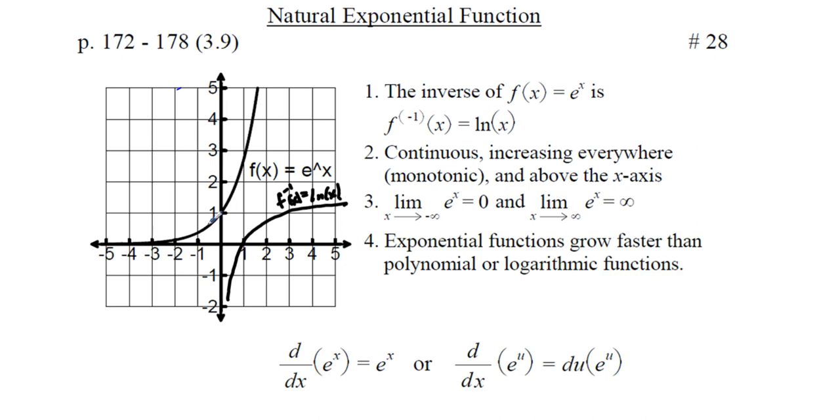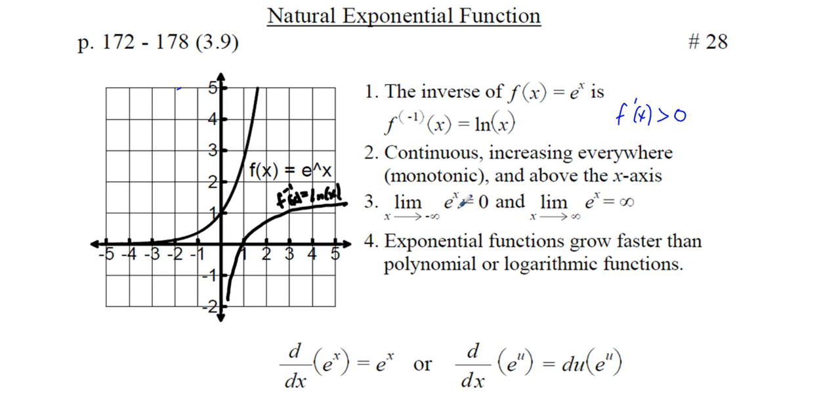Continuous, increasing everywhere, monotonic, and above the x-axis. Also, since the function is increasing everywhere, f prime of x is going to be greater than 0 everywhere.